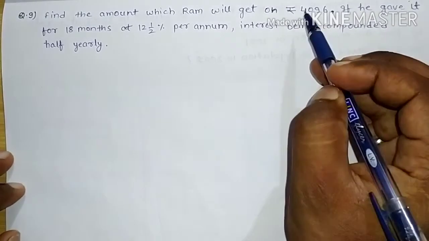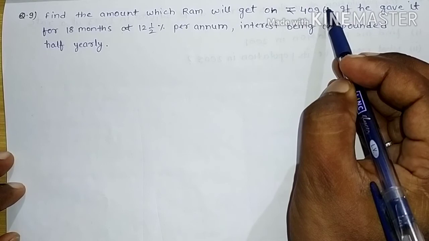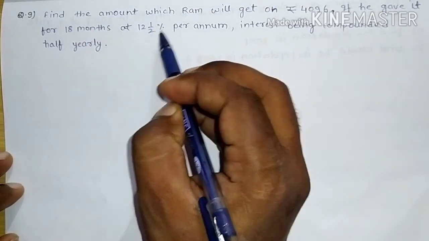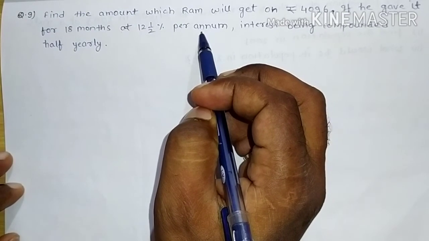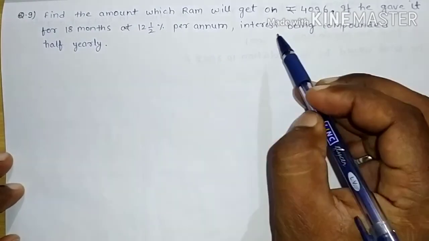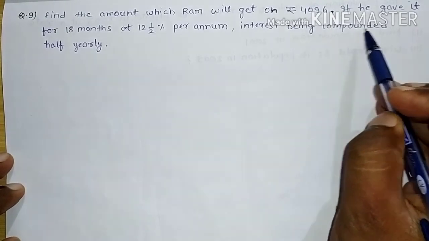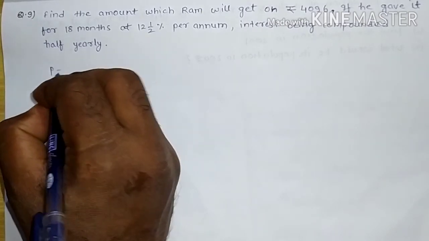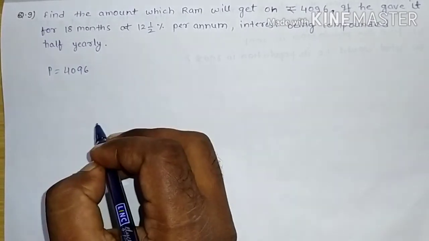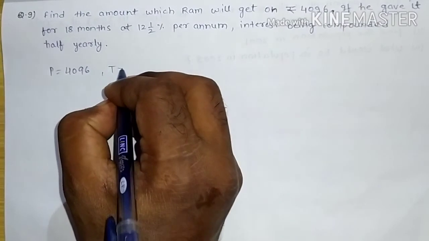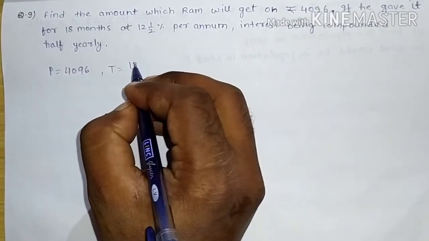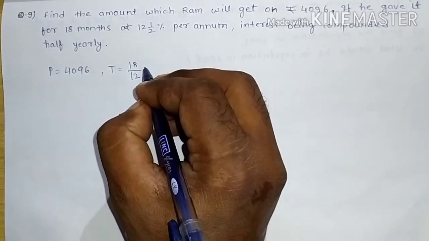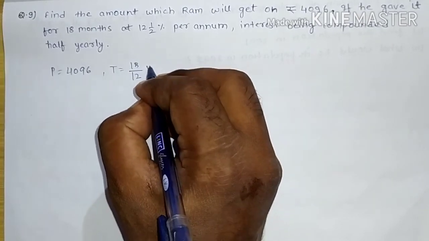Principal is given 4096, time is given 18 months, and R is 12.5% per annum, and we have to find the amount. Time is given as 18 months, so we have to convert into years, so just divide by 12. So 18 by 12 years.